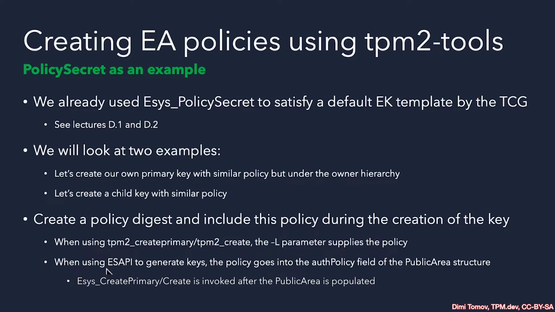When using ESAPI to generate keys, the policy digest goes into the auth policy field of the public area structure. And if you need a quick refresher, I would really recommend taking a look at our lectures D2 for examples of the public area. This is create primary and create, then are invoked as usual.